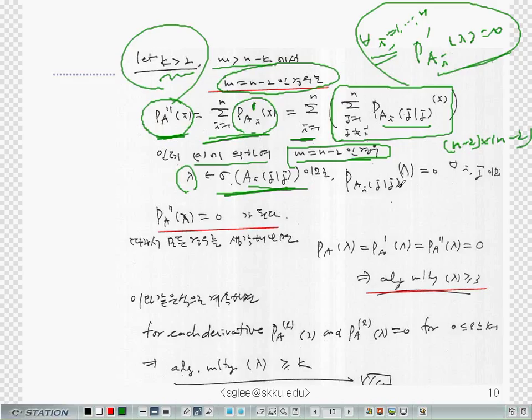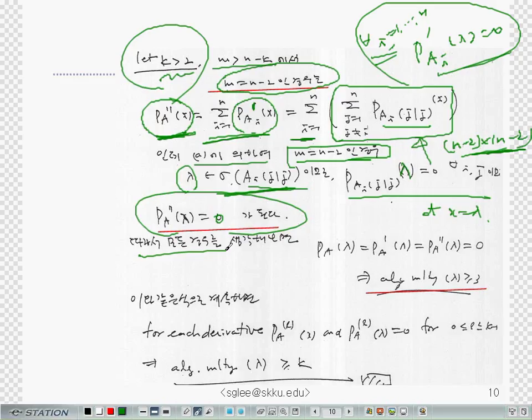What that means is this lambda satisfies the characteristic polynomial of all of this size. Since all these are 0, the summation of these are 0 at x equal to lambda. What that means is the second derivative of the characteristic polynomial of A is equal to 0.